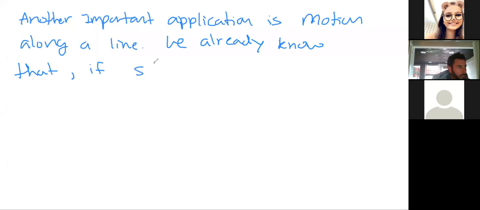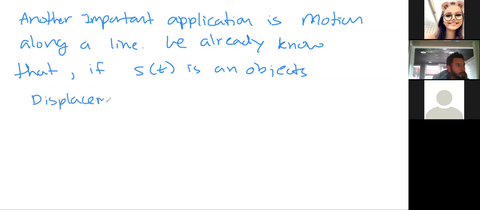Let's use s of t. And remember, the operative word here is displacement. So if we have an object moving along a line, and it has a displacement of s of t, then what is its velocity?